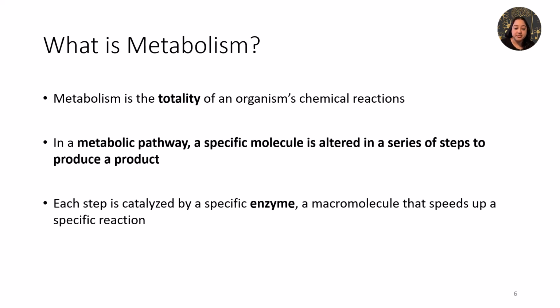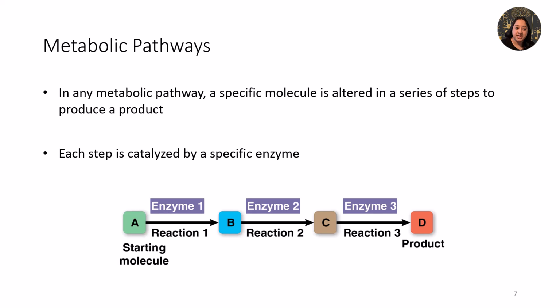Each step in a metabolic pathway is catalyzed by a specific enzyme. You start with a molecule and it gets altered in a series of steps. Even though we're going to show the big picture equations for these different processes, like cellular respiration, showing you an overall reaction and equation, it's actually a whole series of steps.